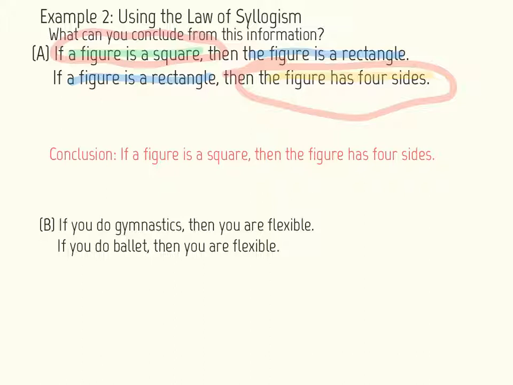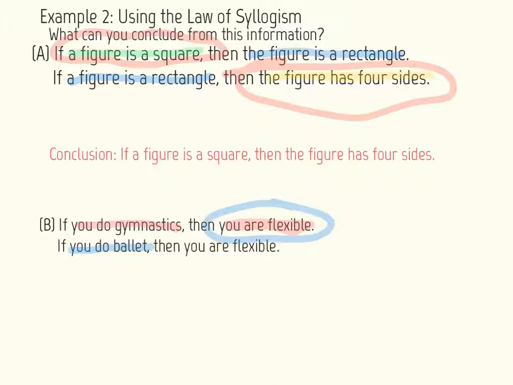For this next one, if you do gymnastics, then you are flexible. Next statement, if you do ballet, then you are flexible. Now on this one, if you do gymnastics, then you are flexible. That's an if-then statement, which is fine. But the next part that we know is if you do ballet. We don't know about what happens if you are flexible.